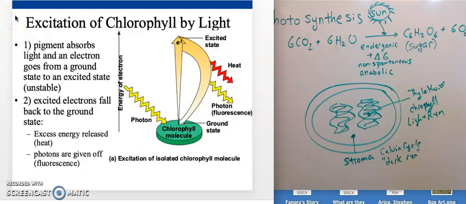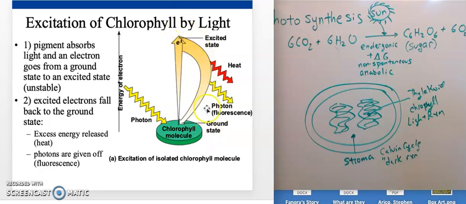Another way to describe light is as a particle. So a particle of light is called a photon. And what happens when a photon of light hits the chlorophyll molecule is it jumps the electrons up to this excited state. Now, if we just had chlorophyll in a beaker and we shined light on it, the electrons would get excited, they'd jump up, and then if we shut the light off, those electrons would lose their energy and they'd fall back down.